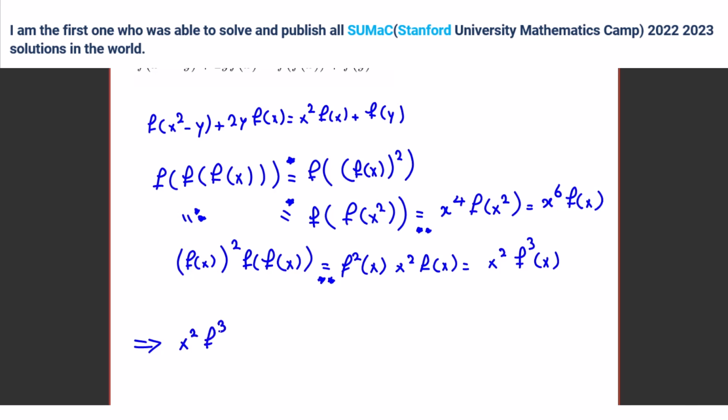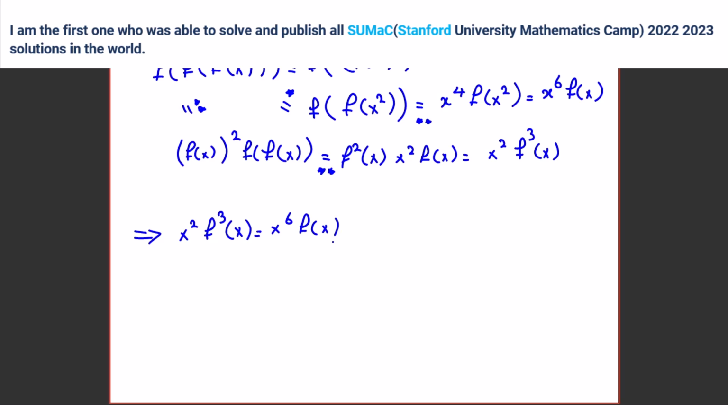Yes. So f squared x equals x to the 4. But we can divide by that under what condition? f of x not equal to 0. So f of x equals 0 is one case, but we can say something. If x is not 0, you can say f cubed of x is equal to x to the 4 times f of x, right?